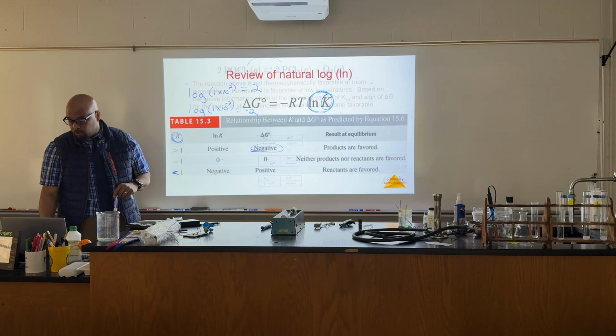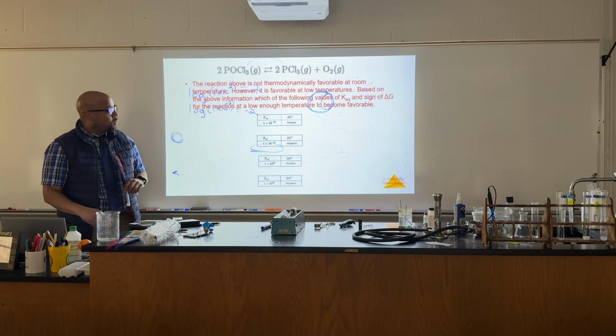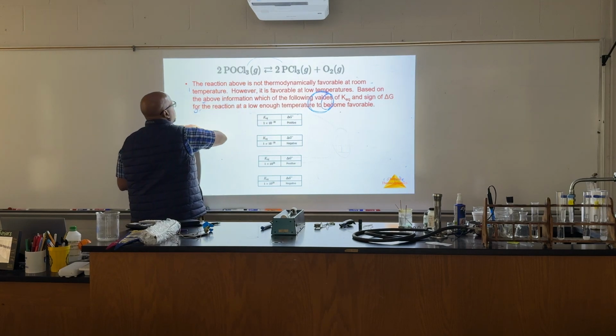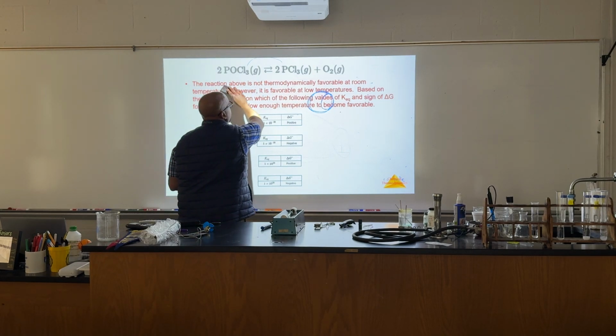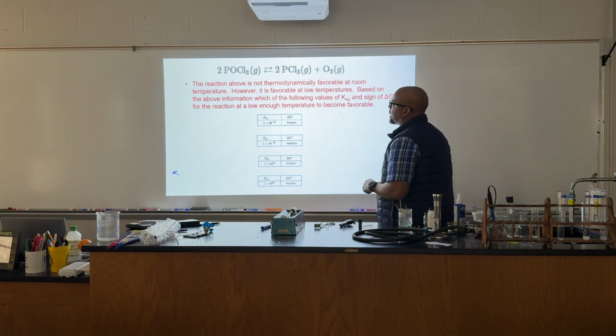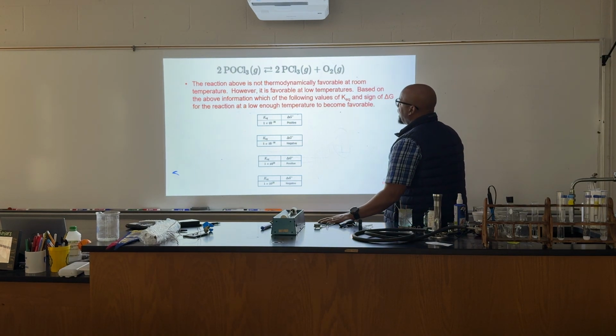So if we look at this last problem here, and then we are going to pretty much call it a day. This particular problem simply says a reaction above is not thermodynamically favorable at room temperature. However, it is favorable at lower temperatures.